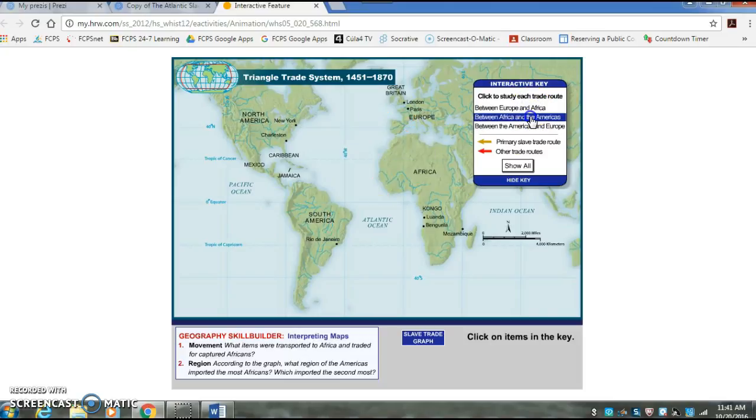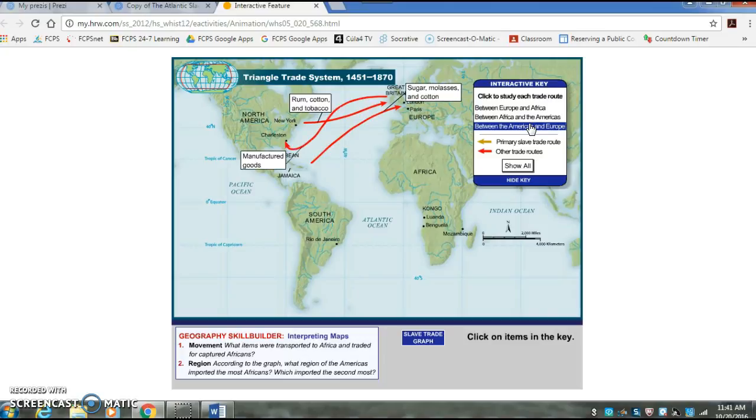Now, from Africa, mostly slaves, but also gold, because the Europeans were really after gold as well. They're going to take the slaves and gold to the Americas. Okay? And then from the Americas, they are going to send back the big ones: sugar, tobacco, molasses, which is made from sugar, and then over here, cotton.